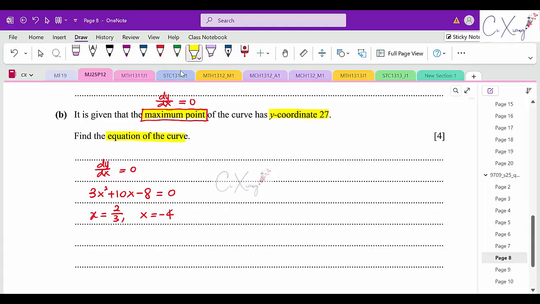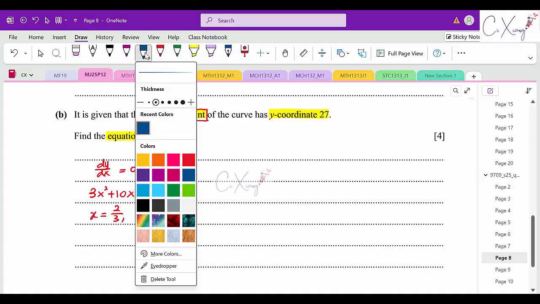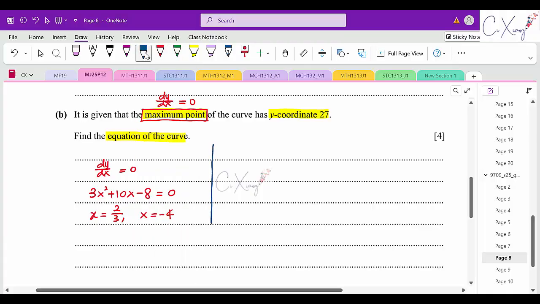So what we can do is that we try to determine it by using the d square y dx squared, if you want to decide, alright? If you want to decide which one is the maximum point, you find out the d square y dx squared first. Continue to differentiate this expression, you will be having 6x plus 10.